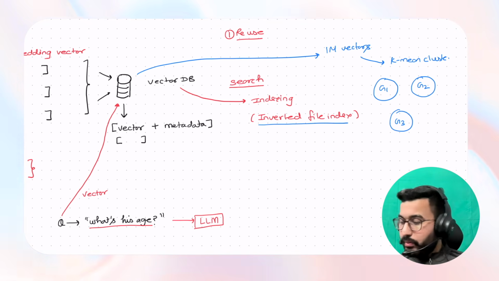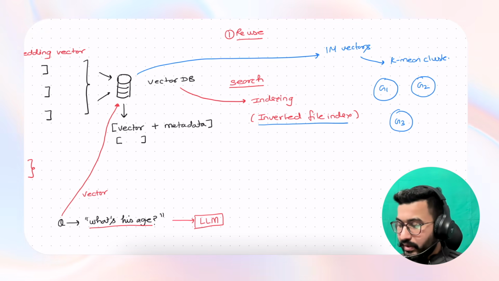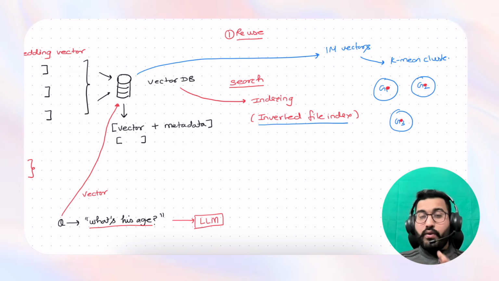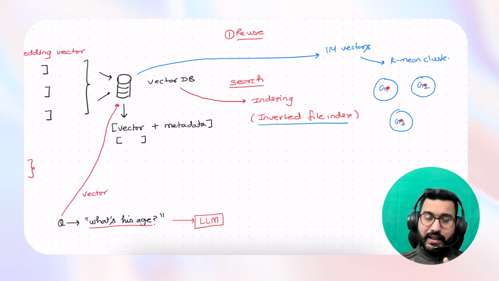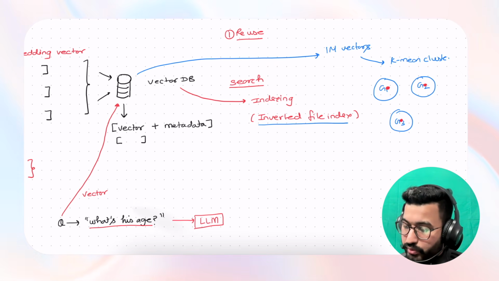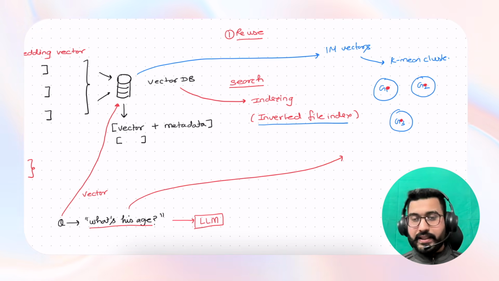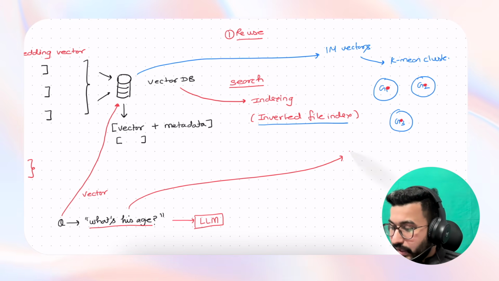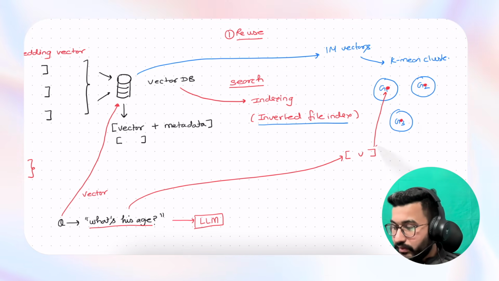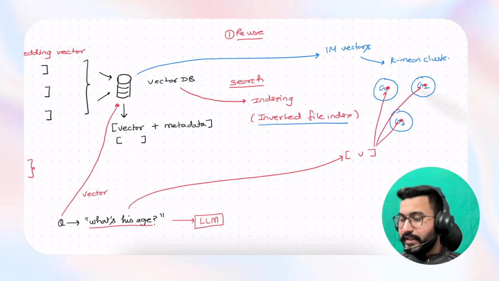Now each of these groups will have a centroid. A centroid is basically the average of all the vectors in that particular group. So when you take the average of all the vectors in a particular group, you get a centroid average value. Now, when you provide your question to your vector database, the vector database will convert your question into a vector and then match your vector with this centroid C1, this centroid C2, and this centroid C3.